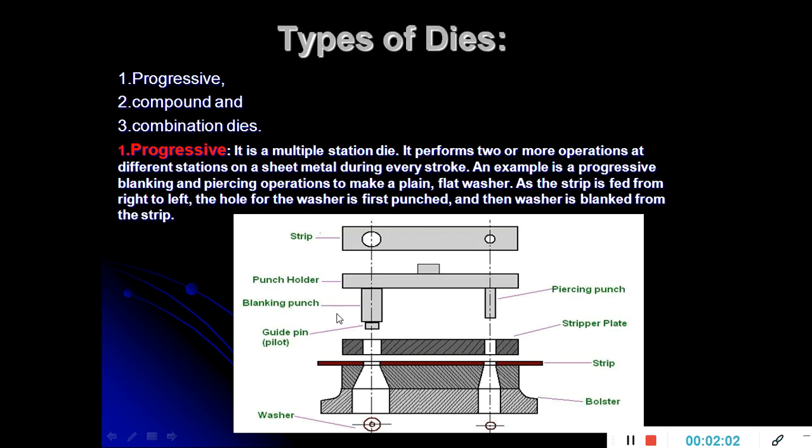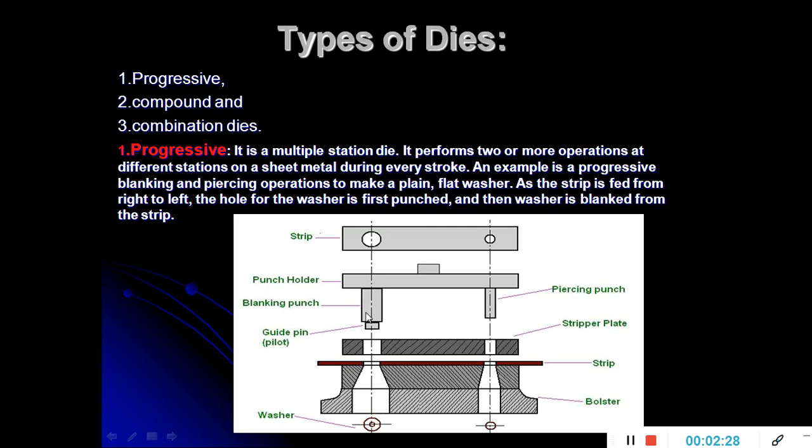The progressive die consists of multiple station dies, consisting of two dies and two punches. One is a piercing punch, one is a blanking punch. So two operations take place simultaneously on the sheet metal to produce the component.